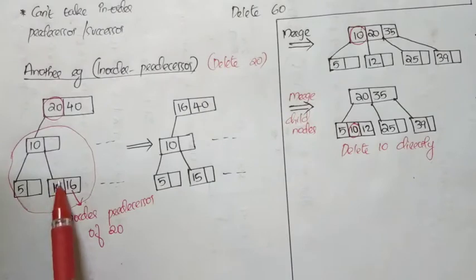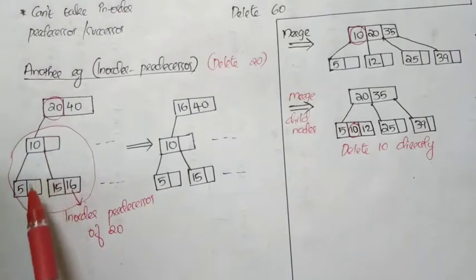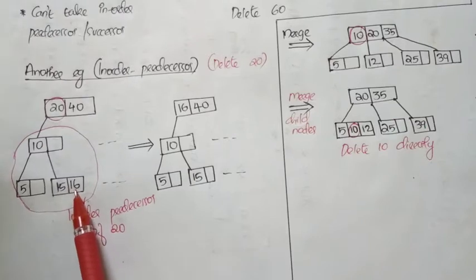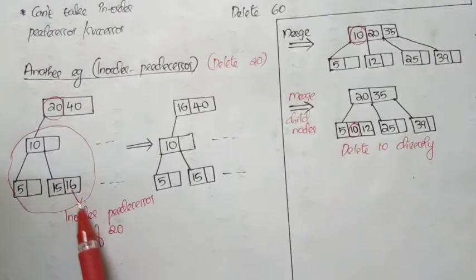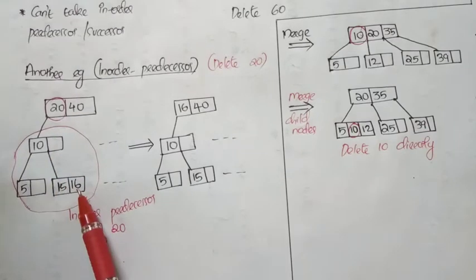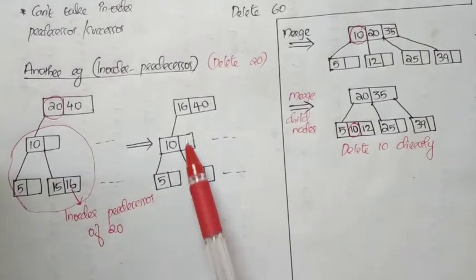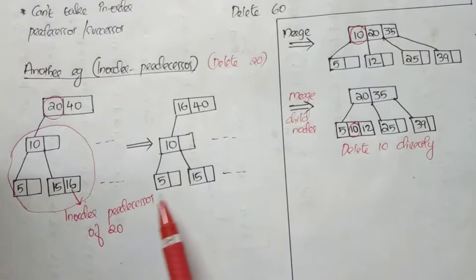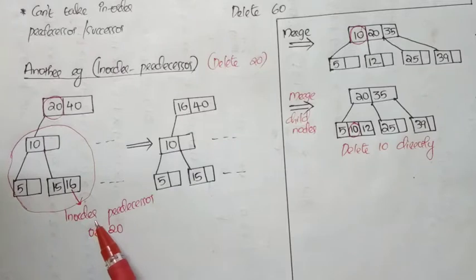So this is the left child of this 20, and the largest element in this left child is 16. 10, 5, 15 and 16. So the largest one is 16, and here I replace this 20 with this 16, and then after that I can directly delete the 20. This is just another example of deletion of an internal node wherein I am replacing the deleted key with the in-order predecessor.